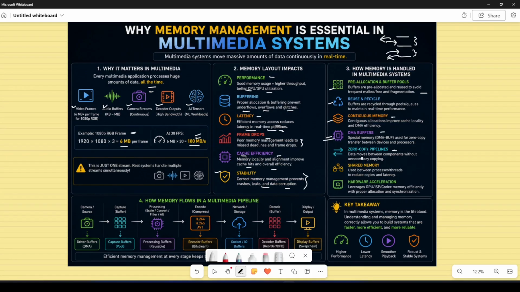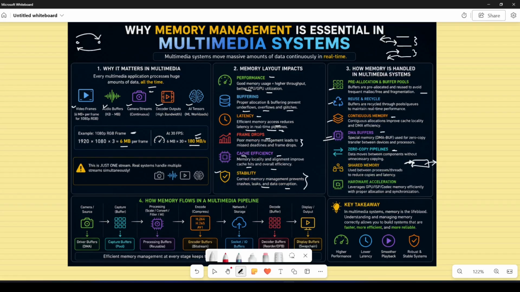Zero copy pipelines, where data moves between the components without being copied. As you know, copying from one location to another involves huge usage of CPU, right? To avoid that, we have to use zero copy pipelines, where we just allocate a certain kind of buffer, and the source writes here, and the sink, the consumer, reads the data from there.